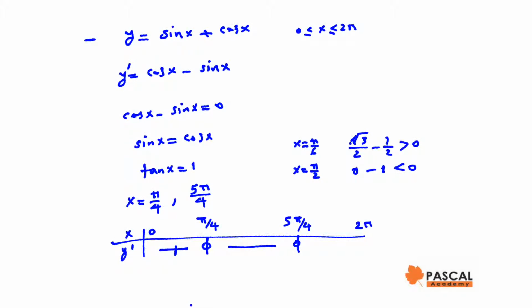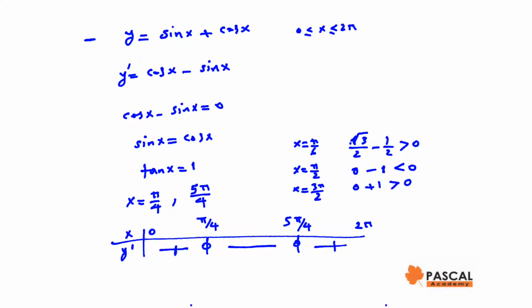If we choose a number between 5 pi over 4 and 2 pi, let's say 3 pi over 2, we see the derivative is positive. Cosine of 3 pi over 2 is 0, and sine of 3 pi over 2 is negative one, so cosine minus sine is positive.